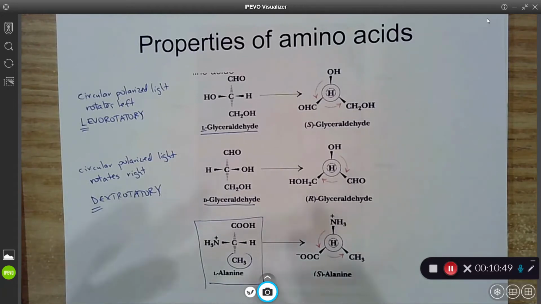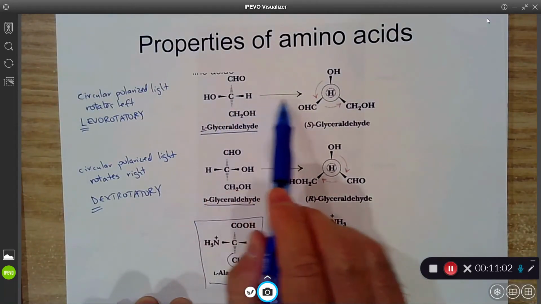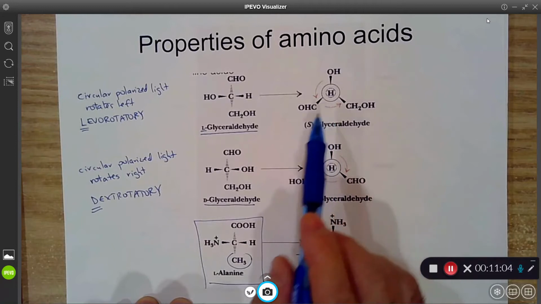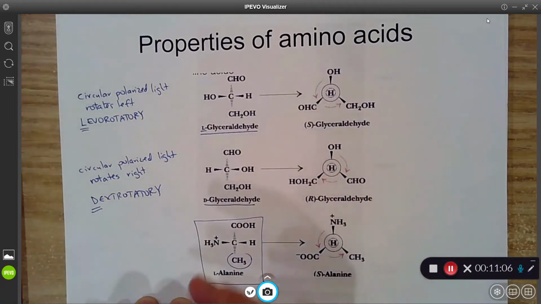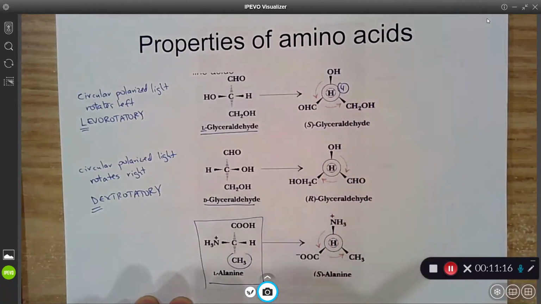Later on, organic chemists designated absolute configuration, and you learned this in 2nd year. You take the central carbon here and orient the hydrogen to the back, and then use the Cahn-Ingold-Prelog rules to define stereochemistry. Just to recall, the lowest priority, hydrogen, goes to the back.